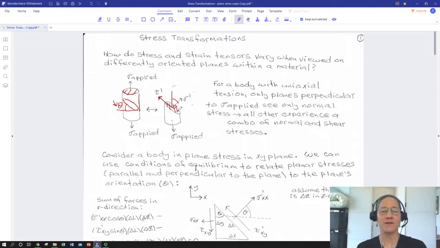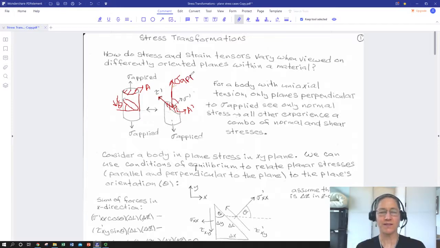You may have found that this plane, the area, I'll call it A prime, is a little bit bigger than the area of this, and that is related by the cosine of this angle theta, or the sine, depending on which reference you take. And then of course our sigma and tau are just a vector resolution of what would be the sigma applied here.